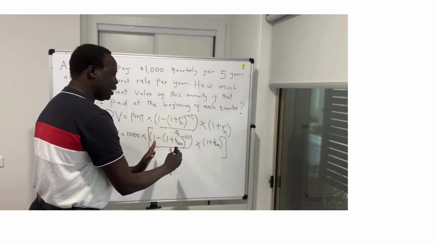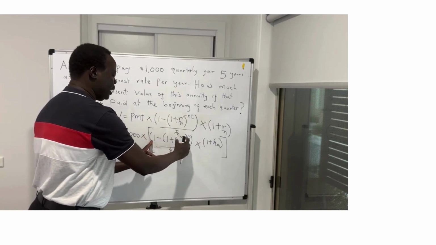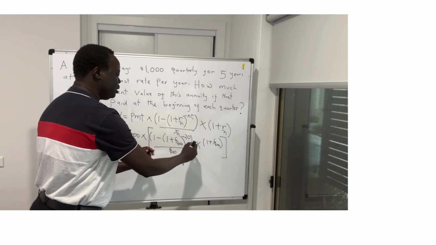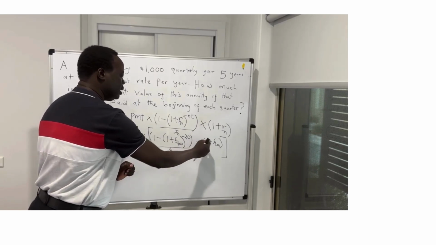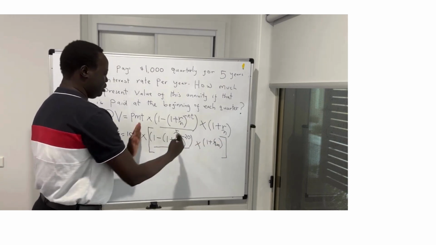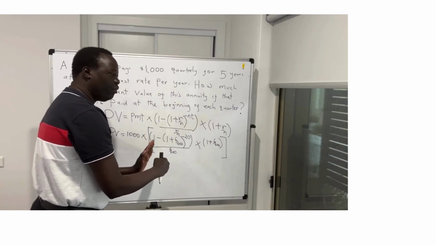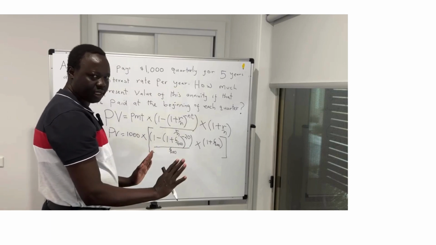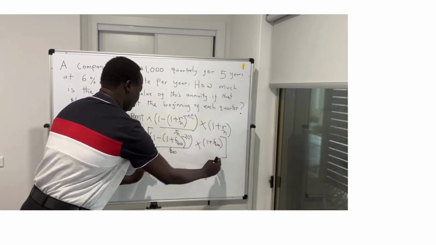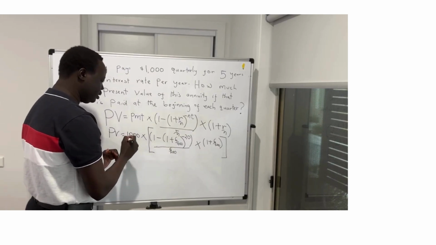If you're using a calculator, just put it in like this, work it out, divide by this, times this, and you get that. You work out this part, and it will give you the present value of an annuity due interest factor, the whole thing before you multiply by this $1,000.